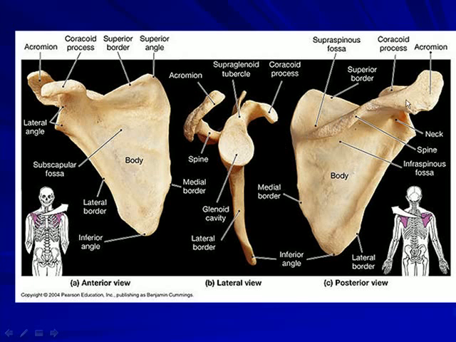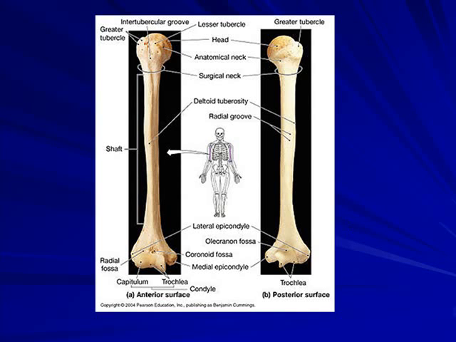And then you should also be able to identify this larger bony prominence referred to as the scapular spine. And as you can see, the most lateral portion of that spine is the acromion, the acromion process. So you should be able to identify those structures on this bone.